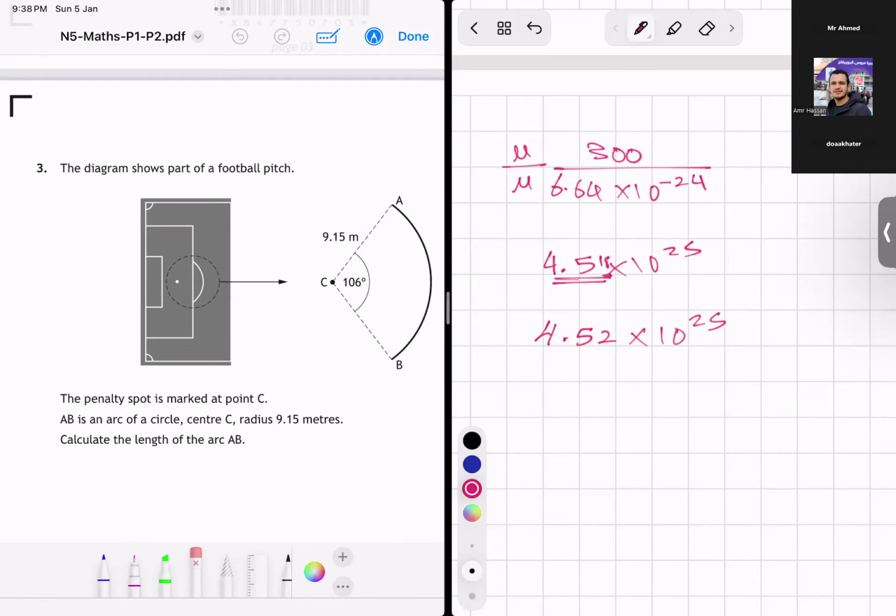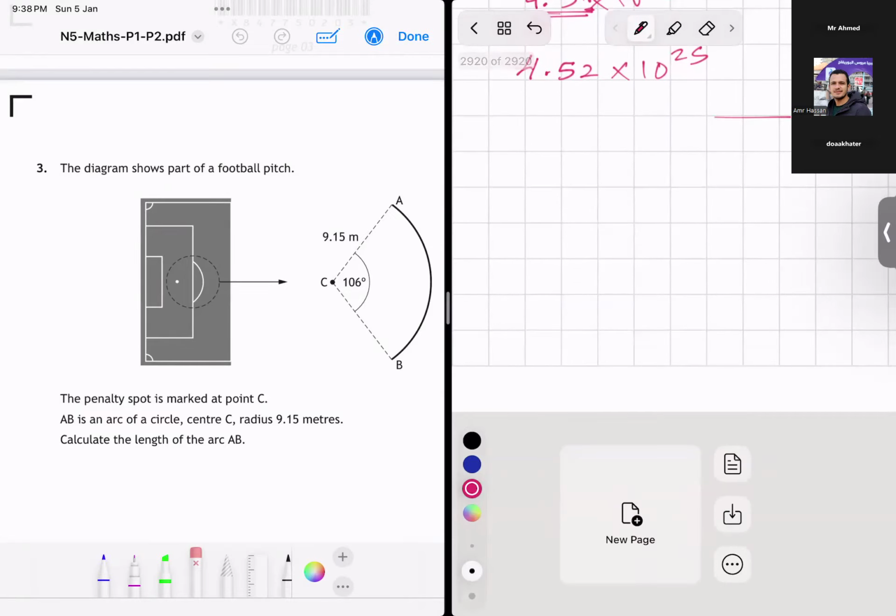So arc length equals the angle divided by 360 multiplied by the circumference. So it's theta divided by 360 multiplied by 2 pi r, or pi times the diameter. I have the radius 9.15, which makes sense. I need to double it, right? Yeah, 2 times 9.15.